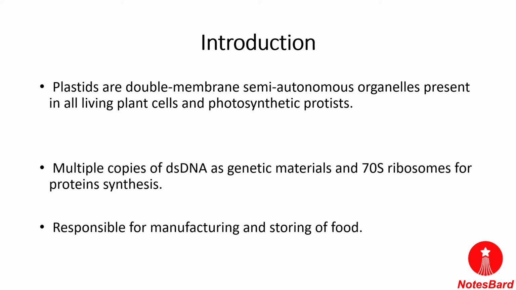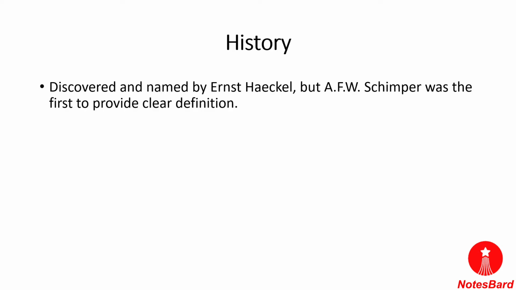Now, who discovered the plastids? Plastids were first named by Ernest, but later Schimper first provided the clear definition of plastids. Plastids are the site of manufacture and storage of important chemical compounds used by the cells of autotrophic eukaryotes.